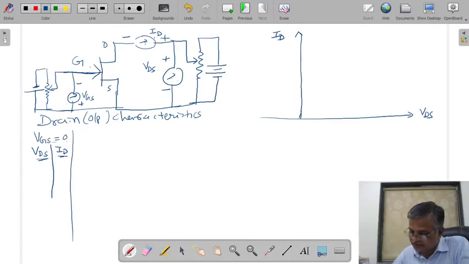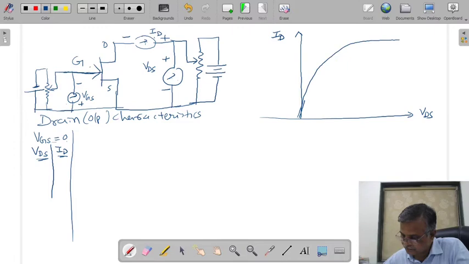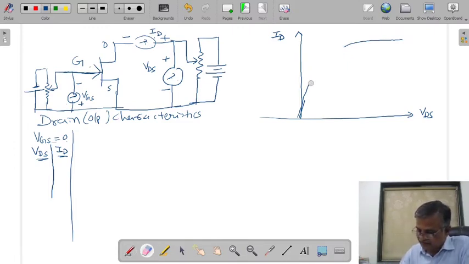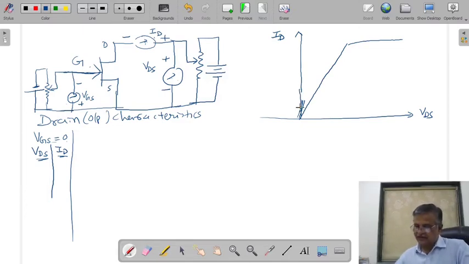So my graph is like this, I am getting such a kind of graph.